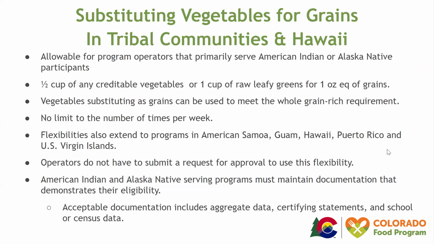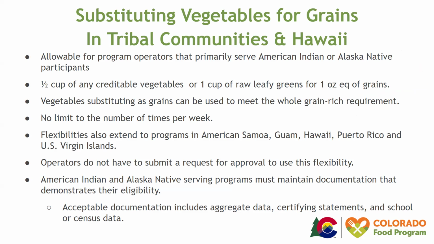This is something that has come into effect over the last year. For tribal communities and Hawaii, they are allowed to substitute vegetables for grains. So that includes, here in our state, our American Indian tribes.